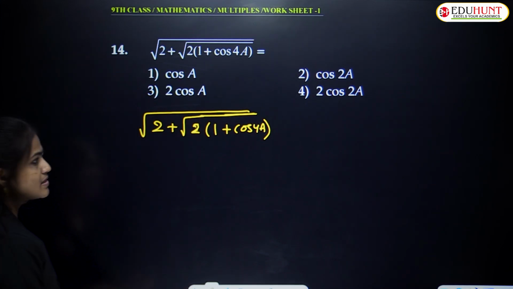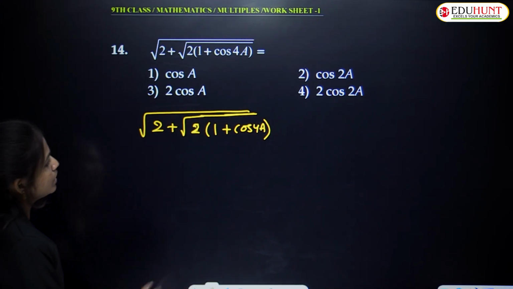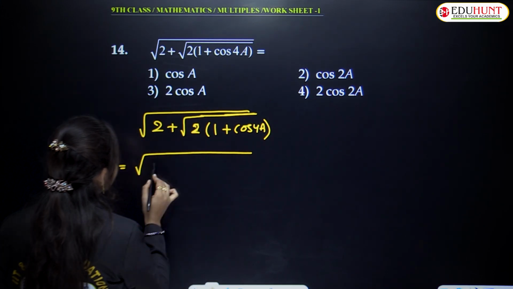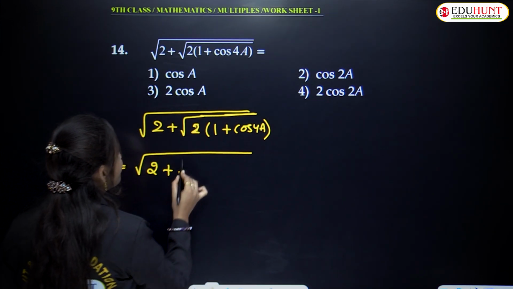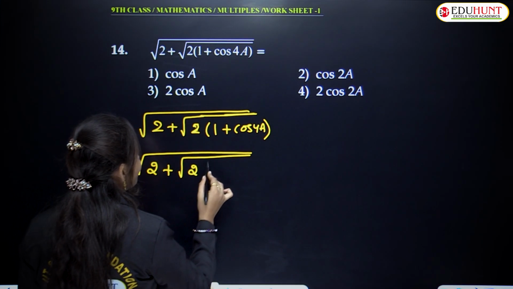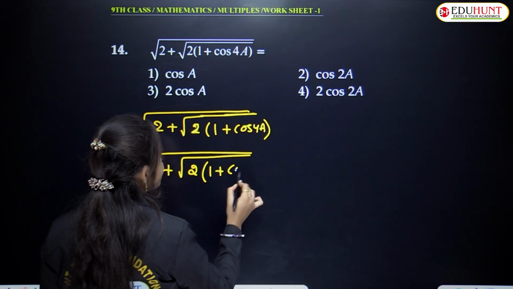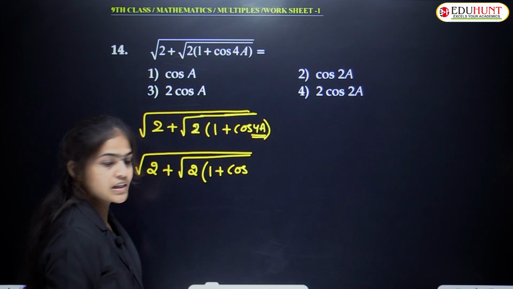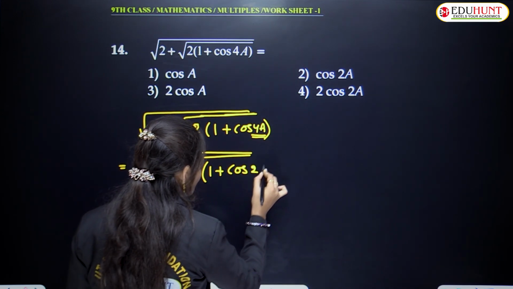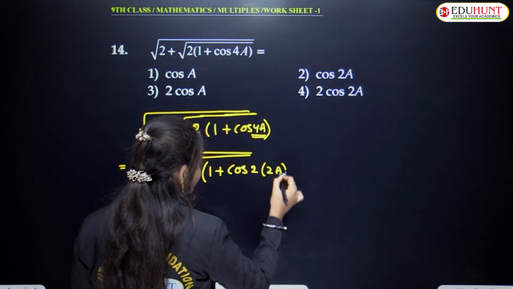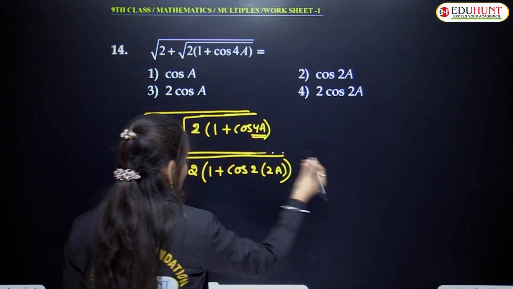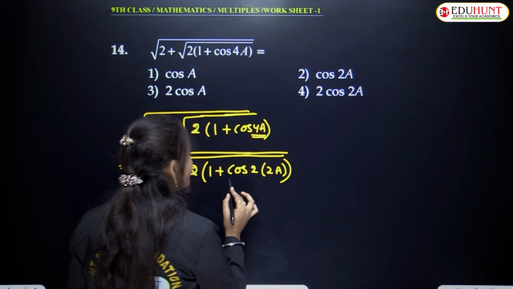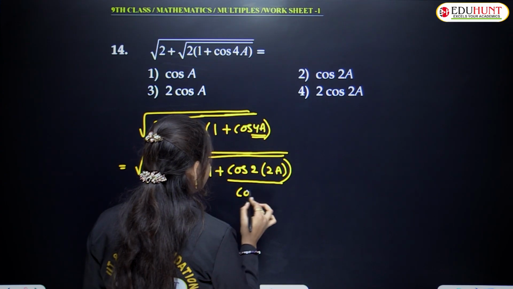Already, this is a known formula related question. I want to write this as square root of 2 plus square root of 2 into 1 plus cos of 4a. We don't know a 4a formula, so we can write this as 2 into 2a. Yes, now this is in the form of cos 2 theta.